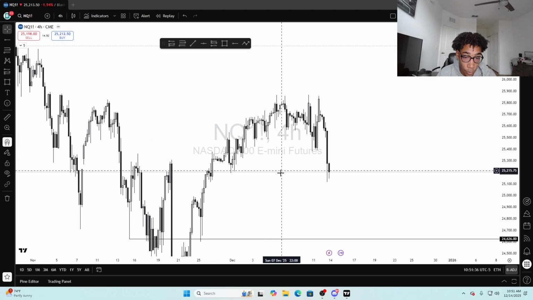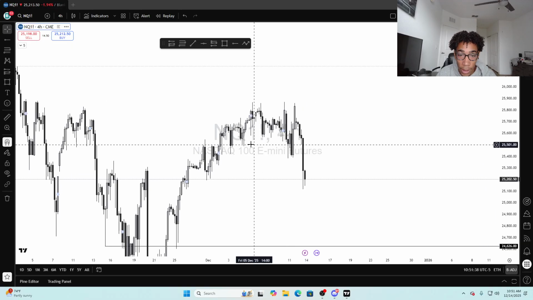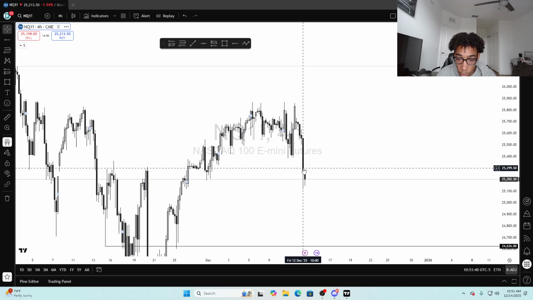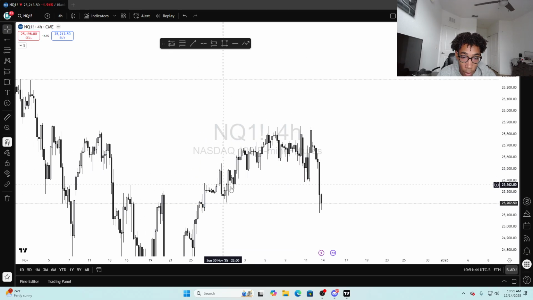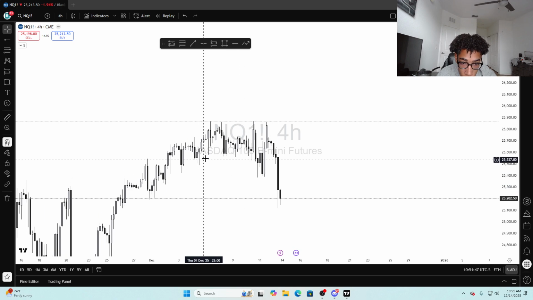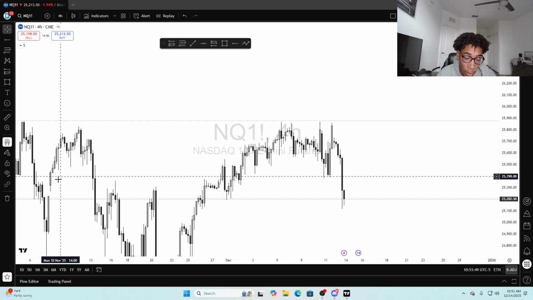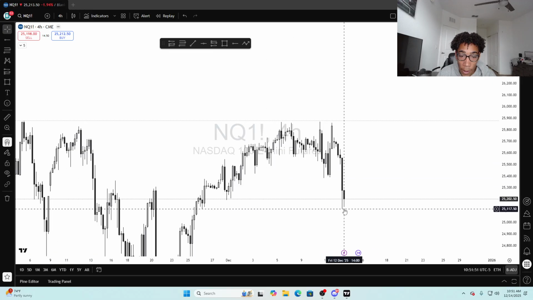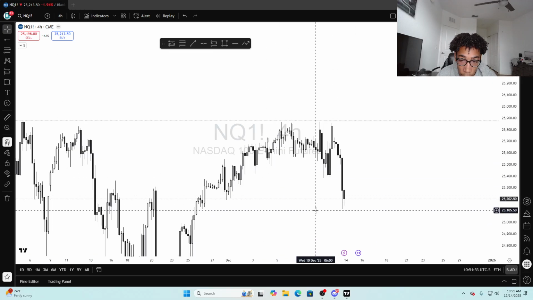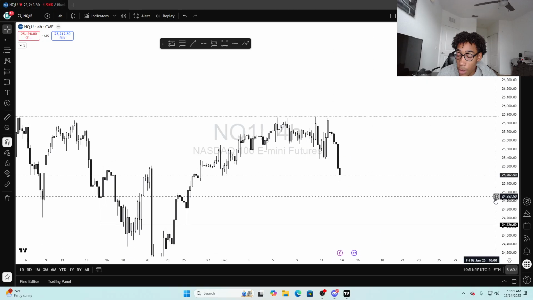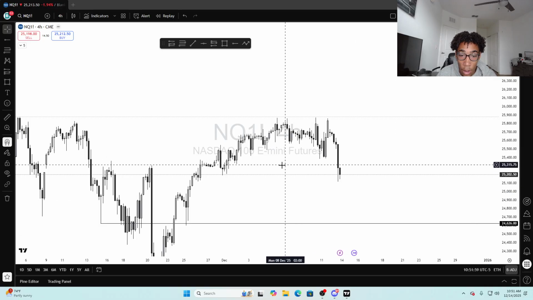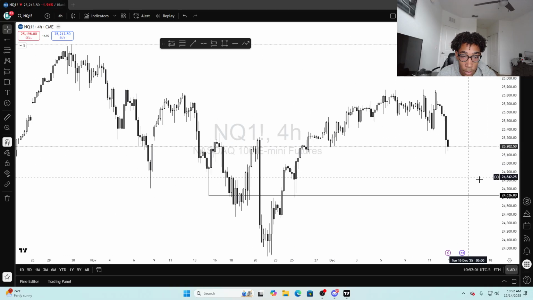So when we're looking at it in real time, how I personally utilize rejection blocks is I'll have them marked out on my charts, and obviously I'll have the CE marked out. And if we tap into a rejection block and we start getting a V-shaped recovery, that's good enough for me to actually go from there and utilize that.